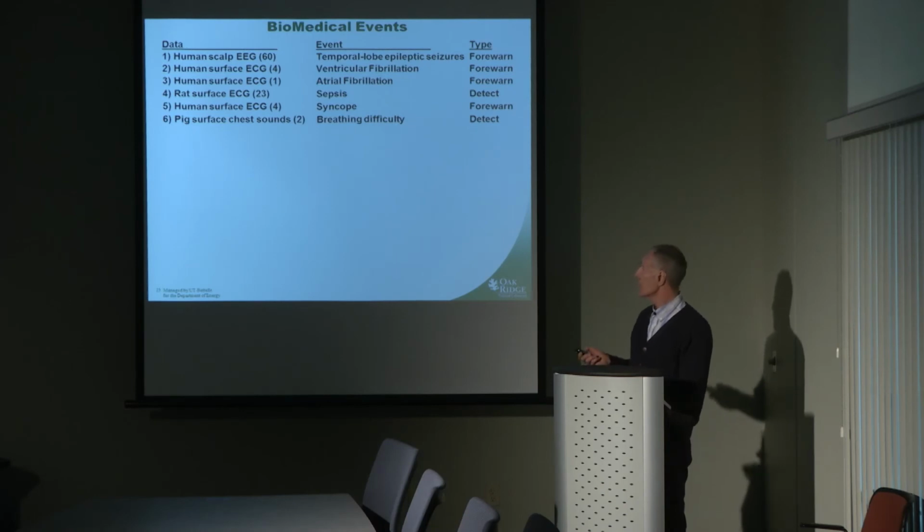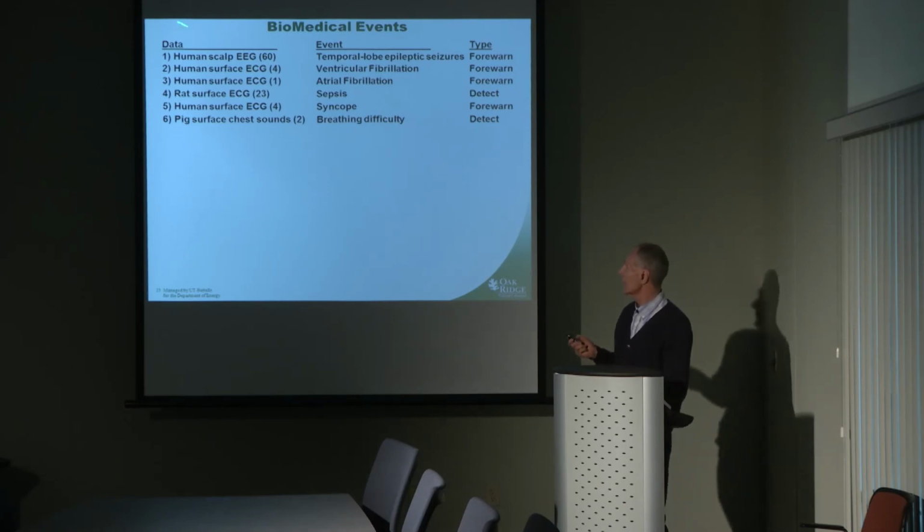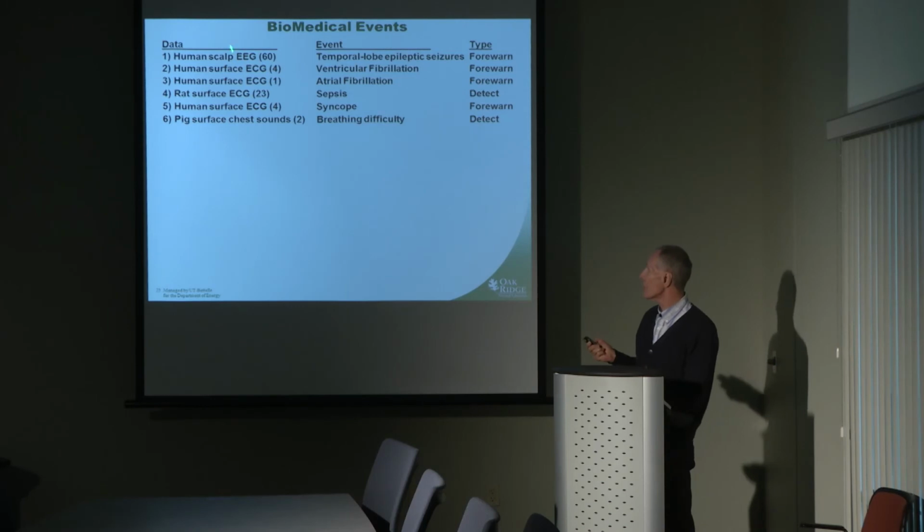So here is a summary of other biomedical applications. I just talked about the EEG for warning, EEG epilepsy. We've also analyzed heart attack data, ventricular fibrillation, 4 data sets. We've analyzed human ECG for atrial fibrillation, rat ECG for sepsis.